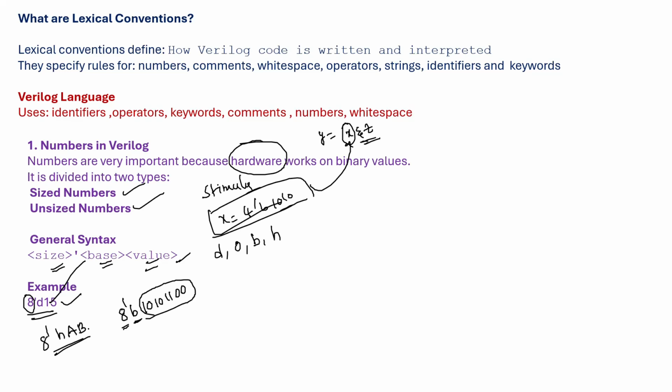The size is 8 bits, and then hexadecimal AB I'm representing. B takes 4 bits, 1011, that is 11, right? And A takes 4 bits, 1010. Combining together they form an 8-bit hexadecimal number. Okay?